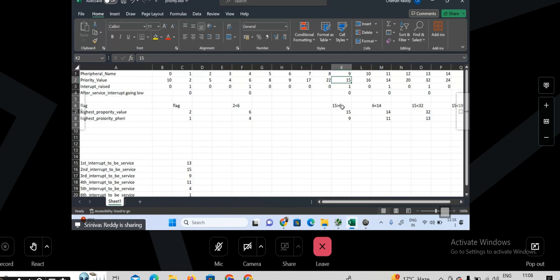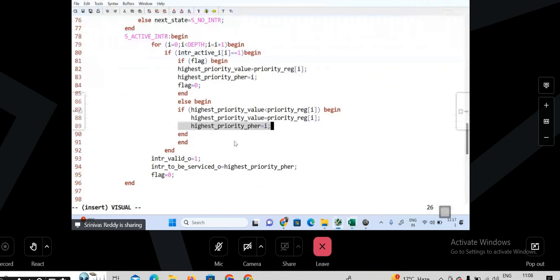Next, what I need to do? What is the next state? This is service done. Service done. Begin and end. In this state A, the interrupt is serviced.